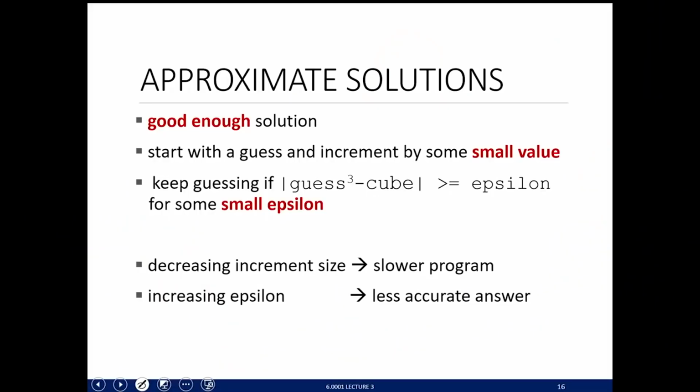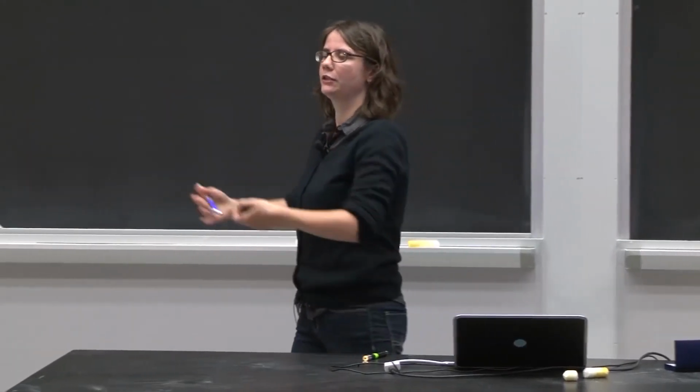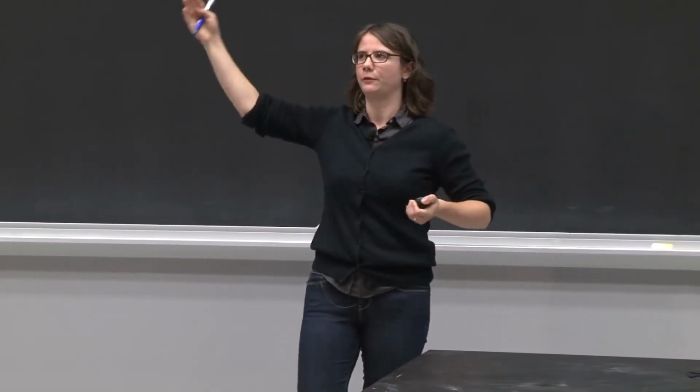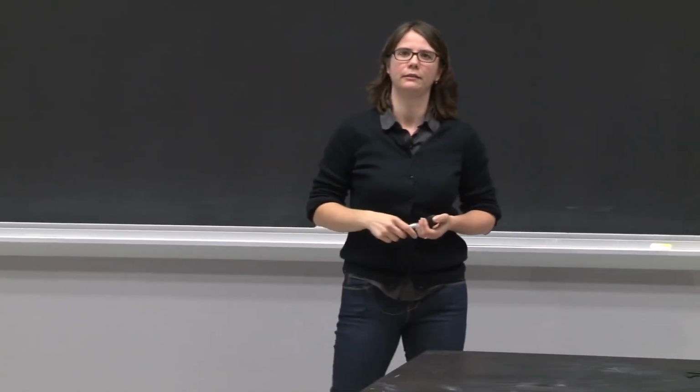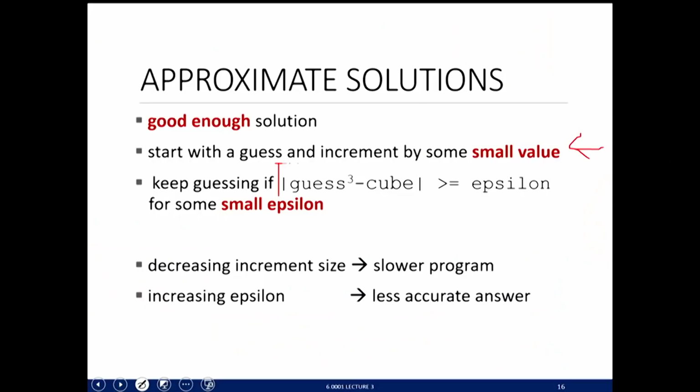Okay? So in order to do that, we're going to start with a guess and then increment that guess by some small value. Okay? Start from 0 and start incrementing by 0.001. And just go upwards from there, and at some point you might find a good enough solution. In this program, we're going to keep guessing as long as we're not close enough.